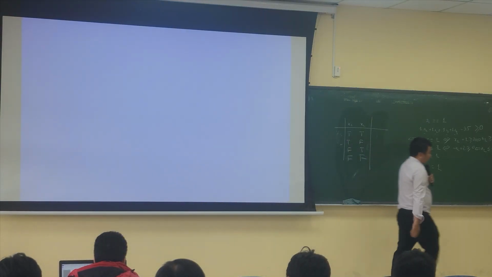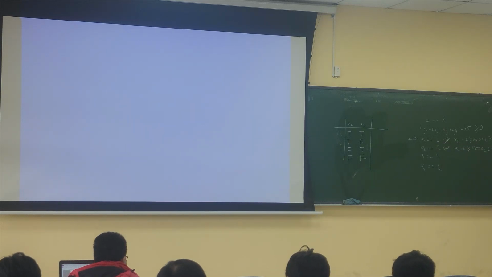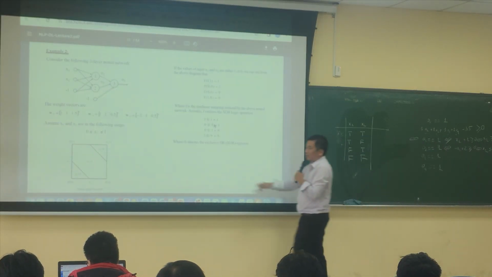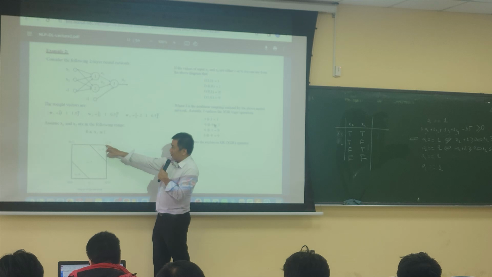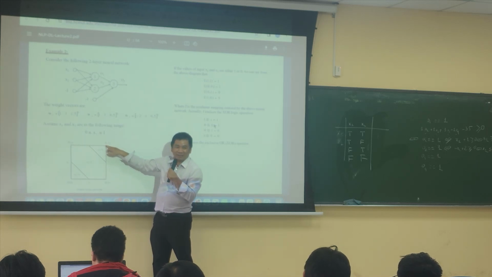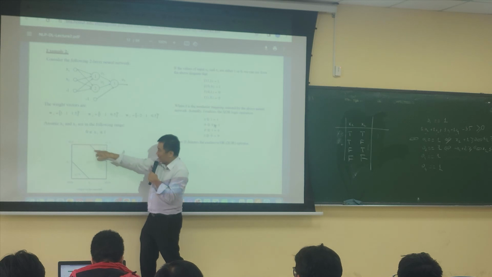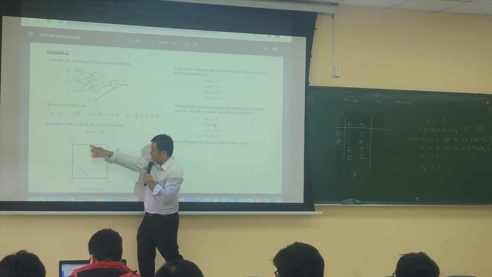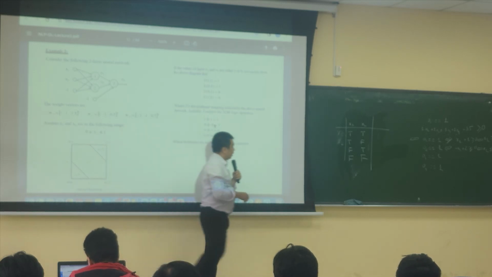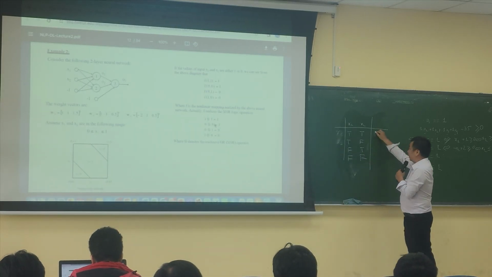Look at the picture. It corresponds to this orange point. If you know that the region that makes the network activate is only in this polygon, does this one activate or not? No. So the result is false.